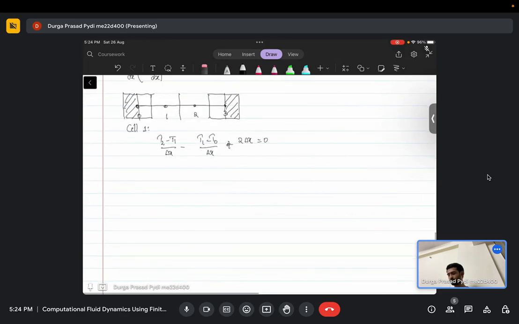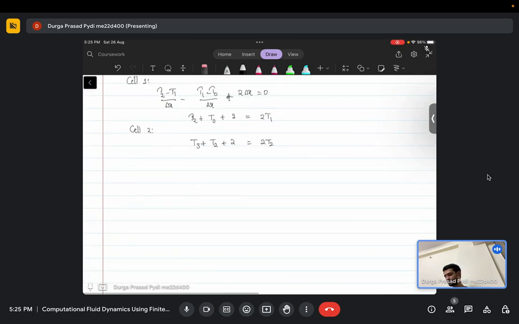Here there are 3 units in total and delta x is 1, so I'll just remove this. This gives T2 plus T0 plus 2 equals 2 times T1. For cell 2 it is similar: T3 plus T1 plus 2 equals 2 T2.